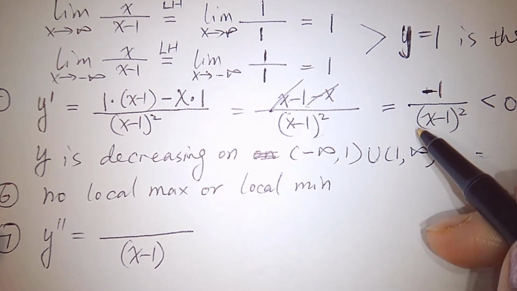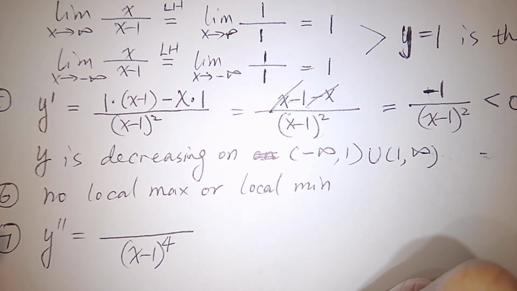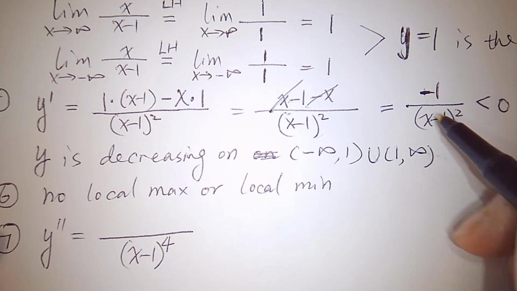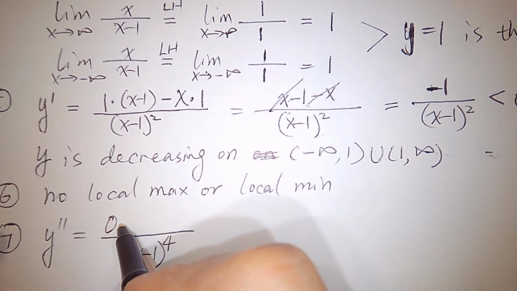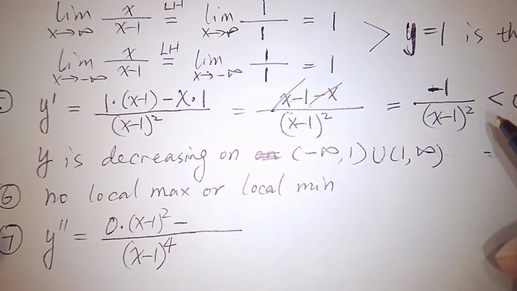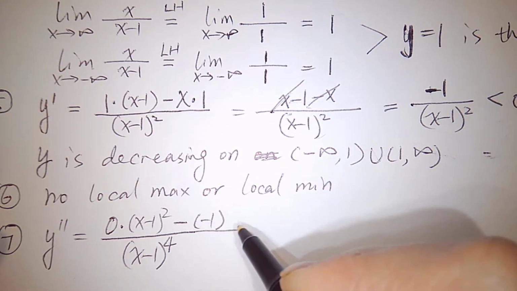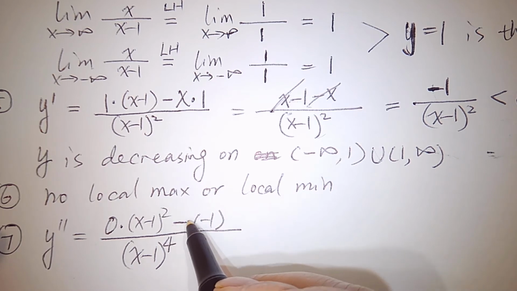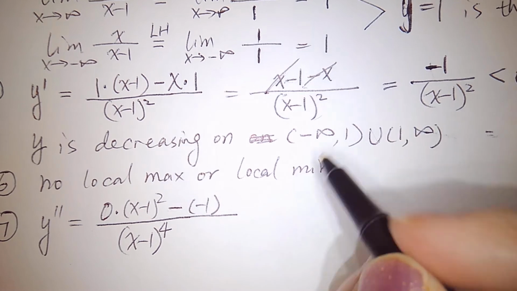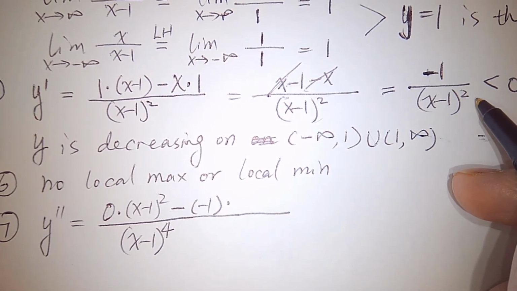What is the square of x minus 1 squared? x minus 1 to the 4th power, right? Then differentiate negative 1, which is a constant, derivative is 0, times the denominator, minus the numerator, keep it, minus, this negative 1 from the numerator, times the derivative of x minus 1 squared.